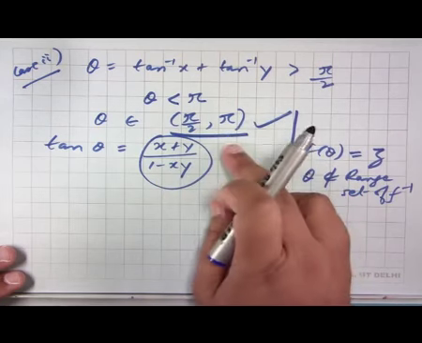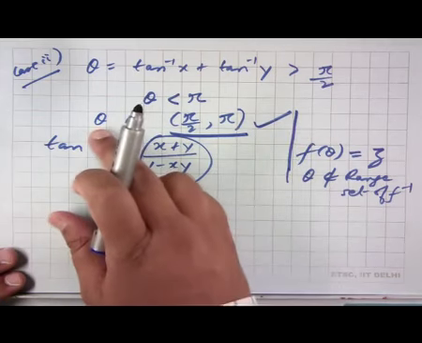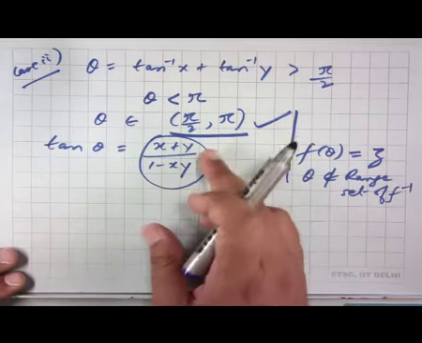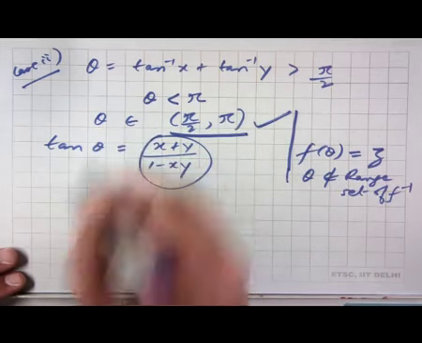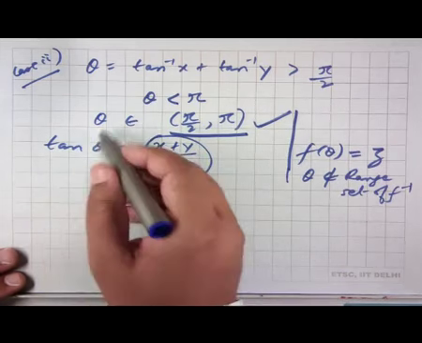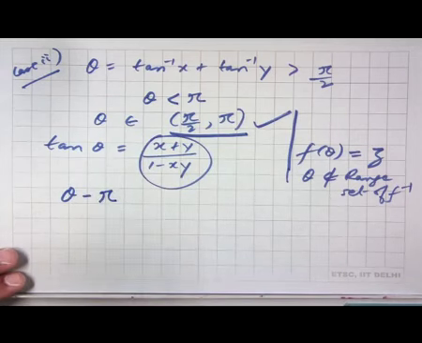not the range set of the tan inverse function, we need to do some operation on theta. What we do is we take this theta and subtract pi from it.